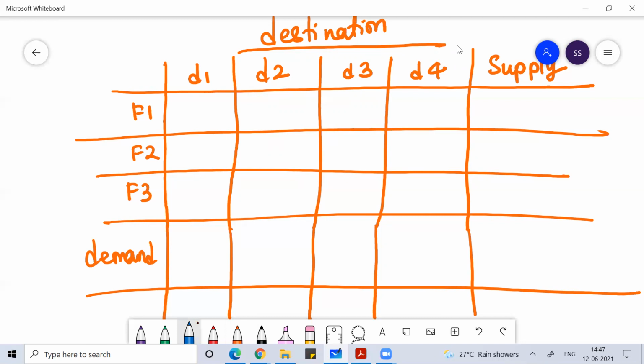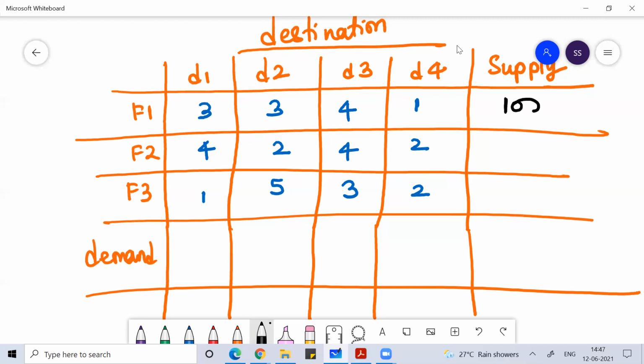Let me write down the values. The costs are 3, 4, 1, 3; then 2, 5, 4, 4; then 3, 1, 2, 2. The supply is 100, 125, and 75, and the total sum is 300. Guys, please always check that the total sum of supply equals the total sum of demand.